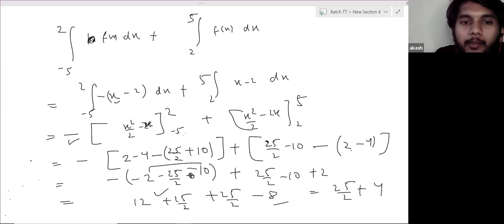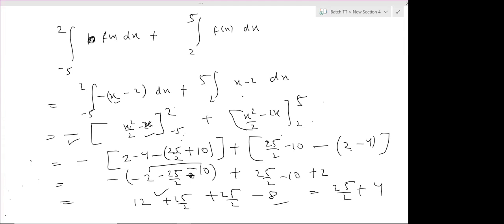Negative outside, x square by 2 minus 2x. This is good. X square by 2 minus 2x, 2 to 5 minus 5 to 2. I put all the limits correct, right? Yeah, sir. Everything is good till the above step.